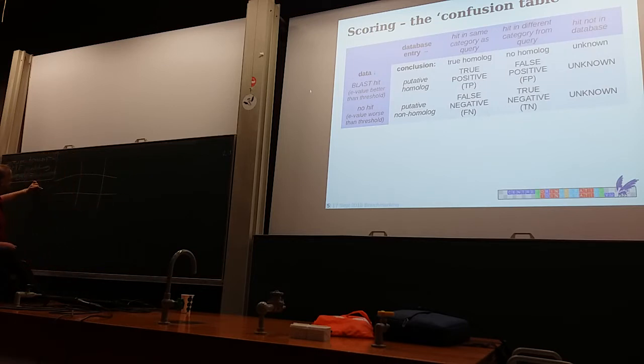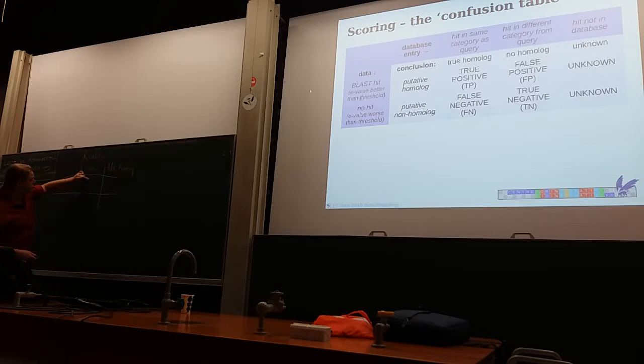So you have here your prediction, and you have here your reality. So if this is hit, and this is no hit, whereas this is homolog versus not homolog.